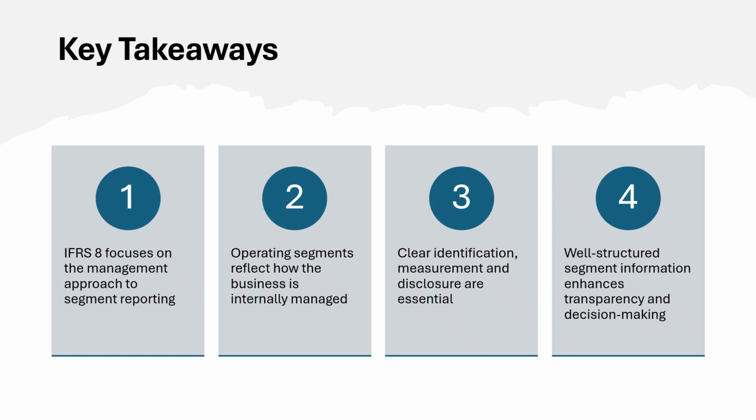So in the end, to summarize, IFRS 8 is based on the management approach. Operating segments reflect how the business is actually running. Reportable segments follow clear quantitative rules, and clear disclosure improves transparency and decision making. So understanding IFRS 8 helps users see how a business truly operates, not just its total profit figure.